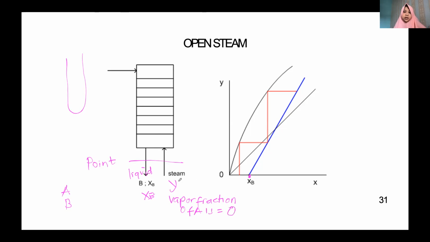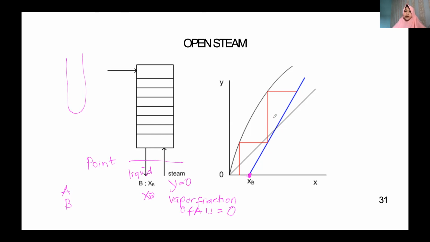That means Y is also 0. So the pair of XB and Y becomes XB comma 0. That's why the point of XB for the operating line of the stripping section would be in this point.